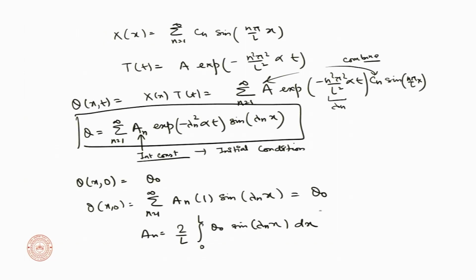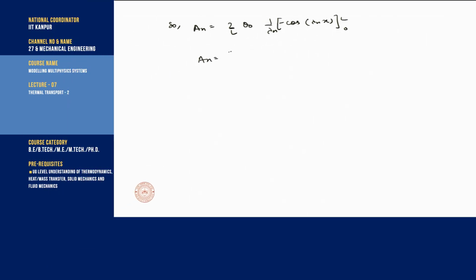So, our An therefore is equal to 2 over L into theta naught. Okay, let us go back one step. We are solving for this expression, theta naught is a constant, it will come out of the integration. Integrating sine lambda n into x gives 1 by lambda n, minus cos of lambda n into x, and we will integrate this from 0 to L. So, let us write An is equal to 2 over L theta naught.